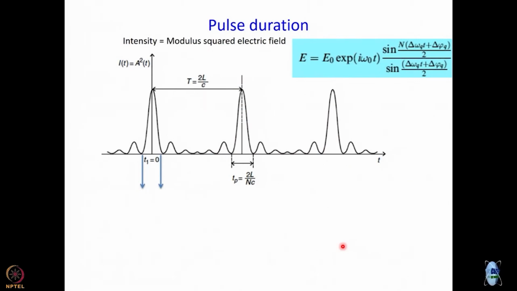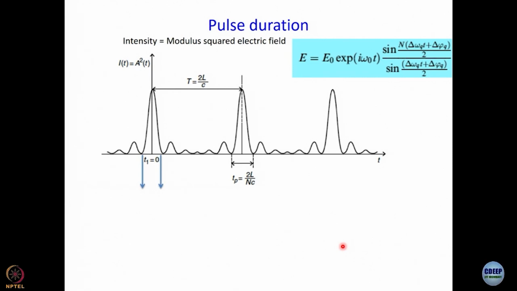How do I define pulse duration? Practically we always talk about full width at half maximum, and when we finish this discussion today, we will be talking about full width at half maximum. But for now, it is easier for us if we consider all the normal modes that are there.